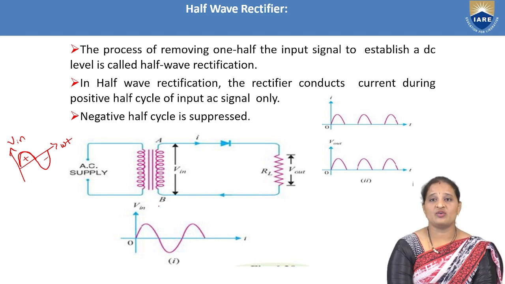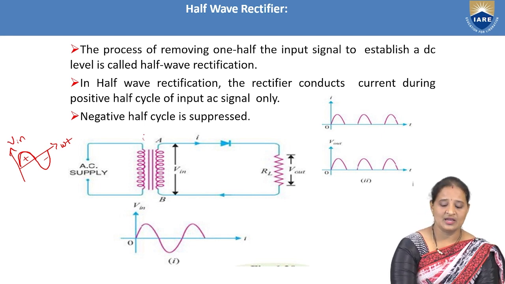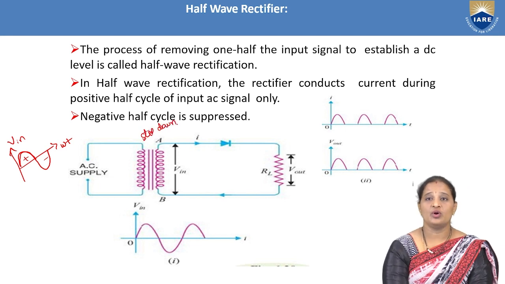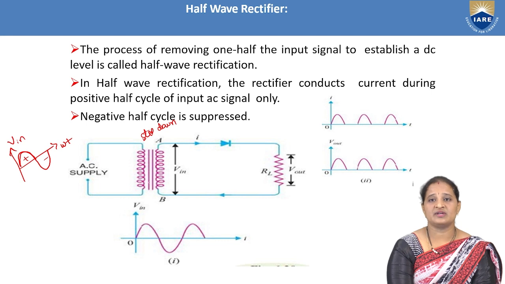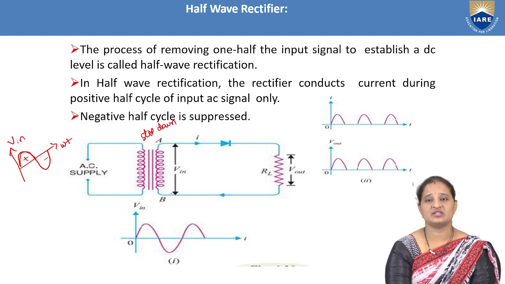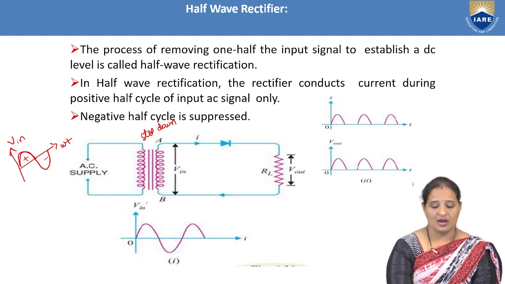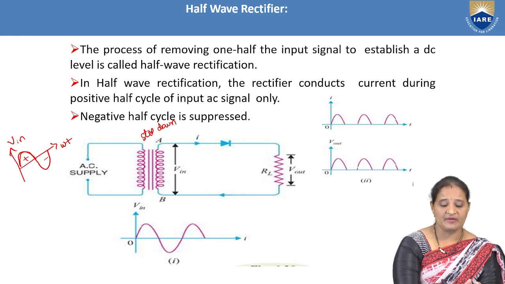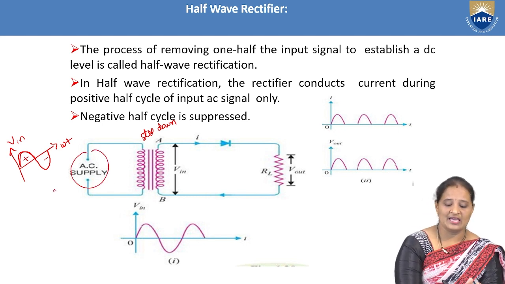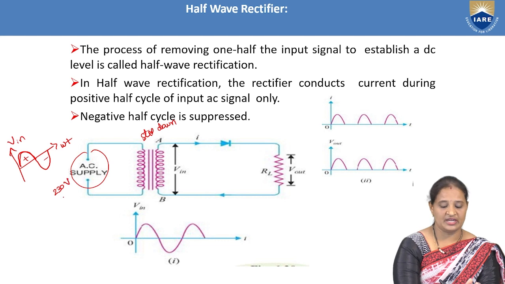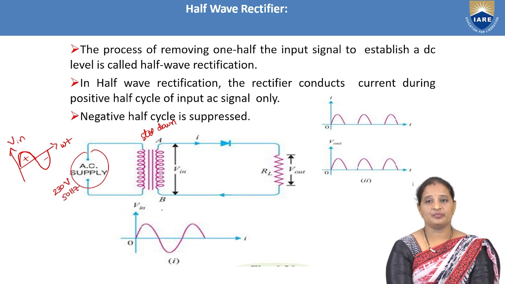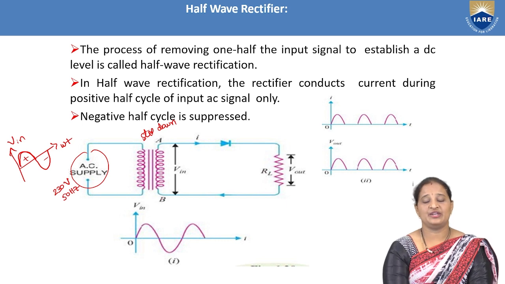So this is a step-down transformer, where we have more turns in the primary winding and fewer turns in the secondary winding. From the primary, we get an AC supply of 230 volts and 50 hertz, and based on the turns ratio, it is reduced to our required level.